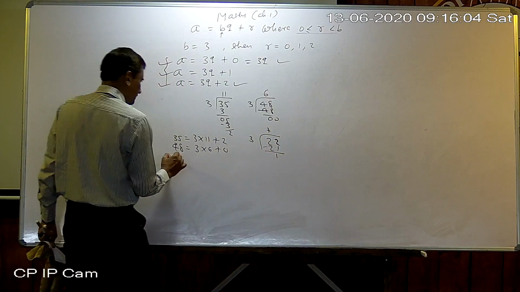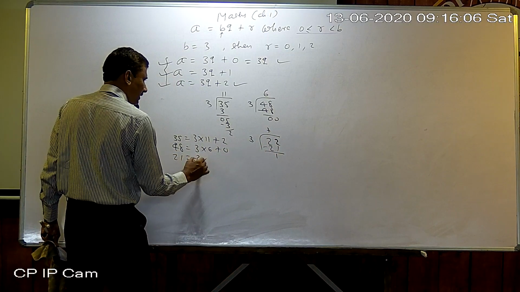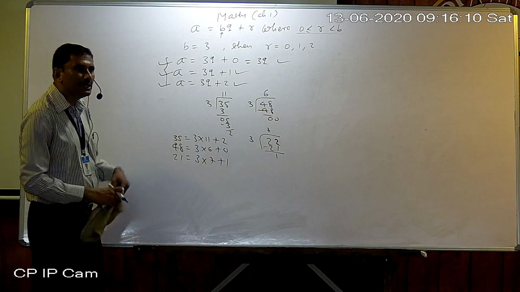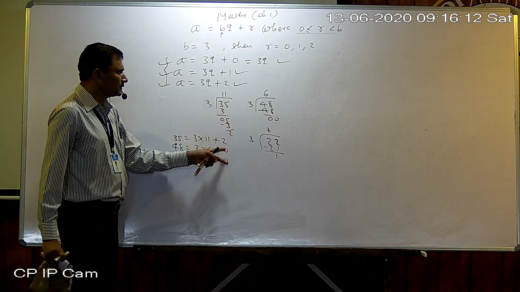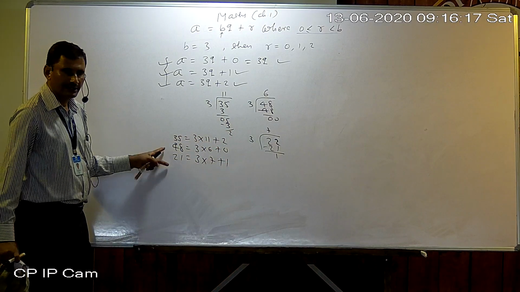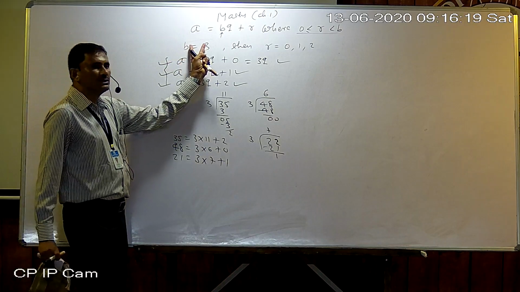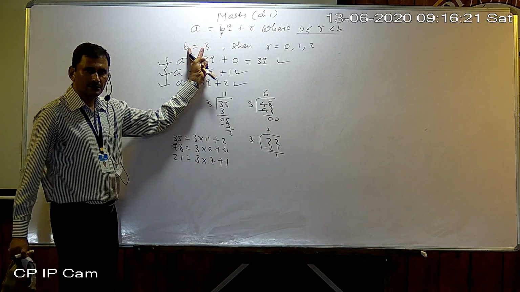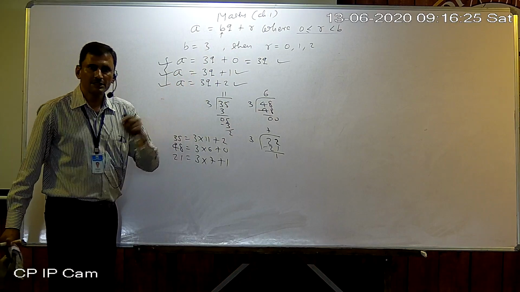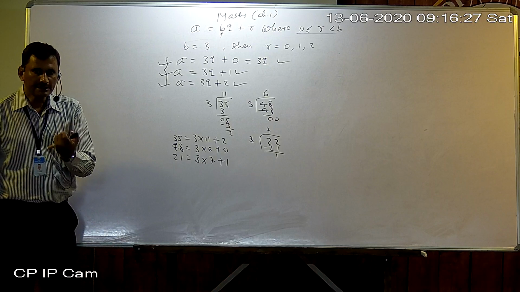So remainder 1. So 22 equals 3 into 7 plus 1. So this goes. But any number, whatever you suppose, can be expressed in this way only. Why? Because if you decide this value in particular, then according to that value, we get a number of expressions. Okay, this is the theoretical part.